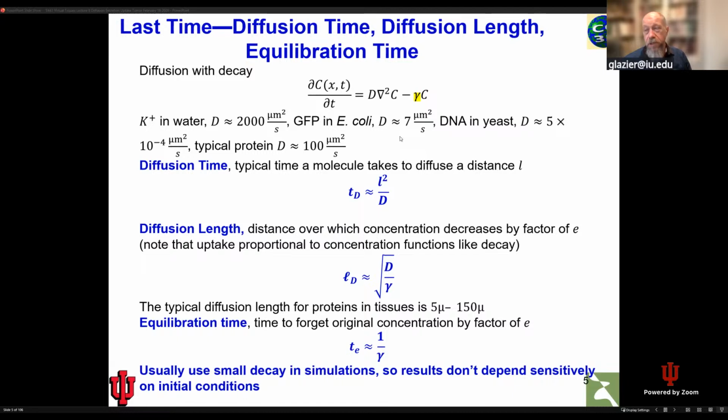For a small protein, about 5 to 10 microns squared per second. And for a large molecule like DNA, on the order of 10 to the minus fourth microns squared per second. And here GFP is a little bigger. A smaller protein might be 100 microns squared per second. And so that gives you a sense of the typical time things take to diffuse a given distance.